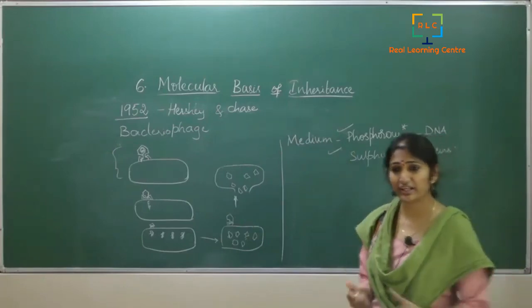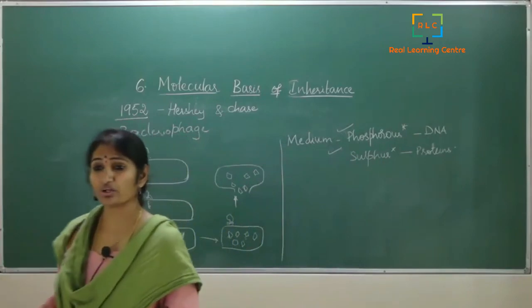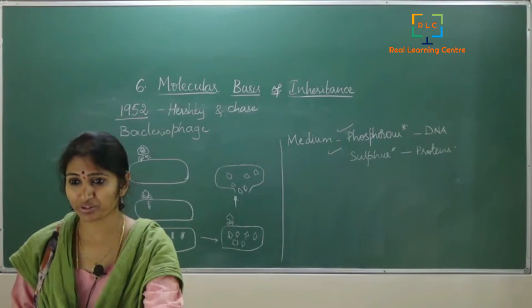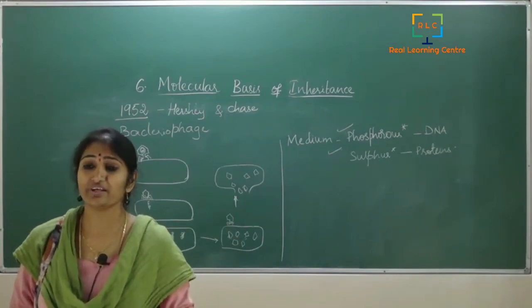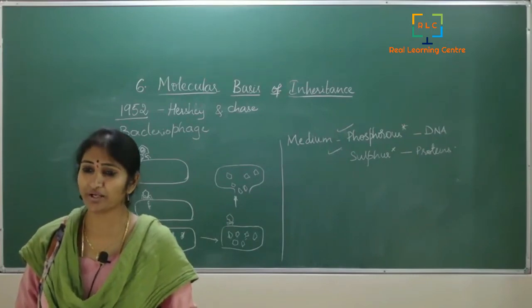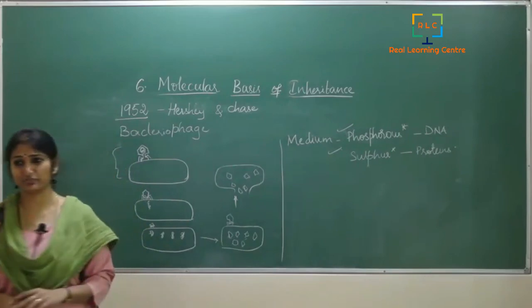And why does DNA enter into the cells and start behaving as if it is living? It is because this DNA was the genetic material, right? So DNA was kind of confirmed to be the genetic material by the Hershey-Chase experiment.